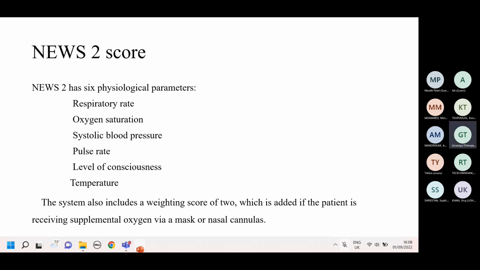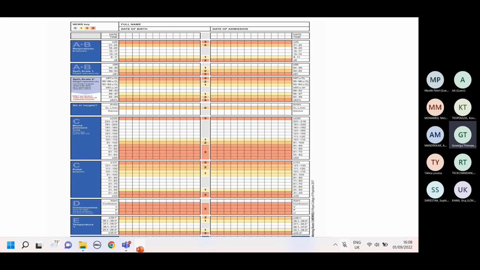This has six physiological parameters. In the next slide, I have shared the chart that you are aware of, which you always use for NEWS scoring. Here we have all these parameters: respiratory rate, SpO2 scale 1 and 2, systolic blood pressure mainly, pulse rate, conscious level and temperature.